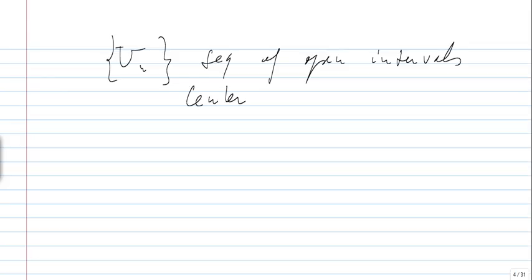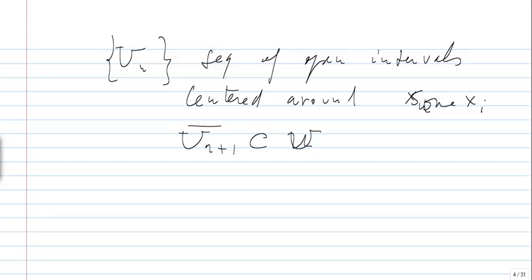These are a sequence of open intervals centered around some xi's, such that Un plus 1 bar is in Un, and Un bar intersect P is not empty, because they're centered at some element xi of P. So now what do we have?